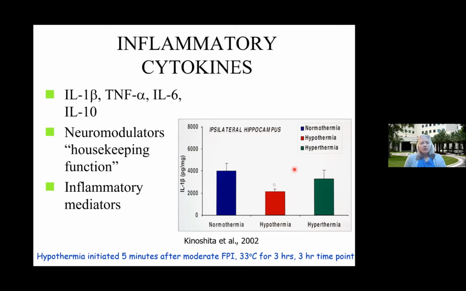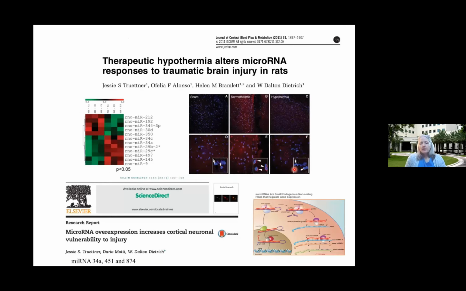We then more recently have looked at microRNAs. These are small endogenous non-coding RNAs. They regulate gene expression. We did a study looking at an in vitro stretch injury model showing that microRNA overexpression increases cortical neuronal vulnerability to injury. This is a stretch injury model with neuronal cell cultures. And then we also did some therapeutic hypothermia work after TBI in rats, again showing an alteration with microRNAs.